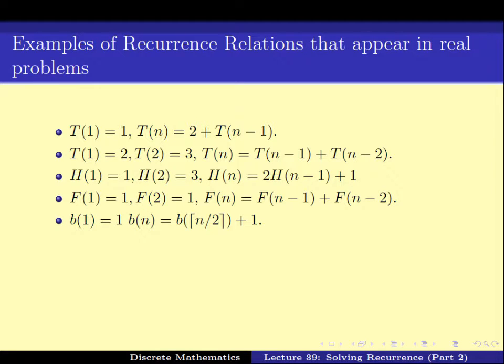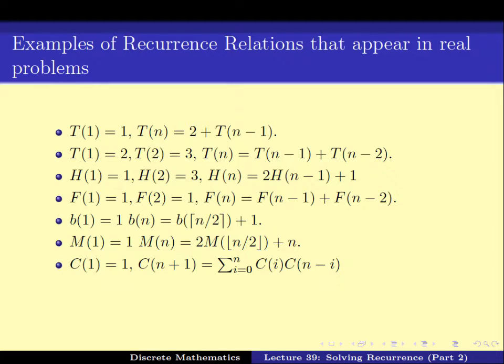This one comes from the binary search algorithm: b1 equals 1 and bn equals b of n over 2 plus 1. Or this one comes from the merge sort algorithm: m1 equals 1 and mn equals 2 times m of n over 2 plus n.